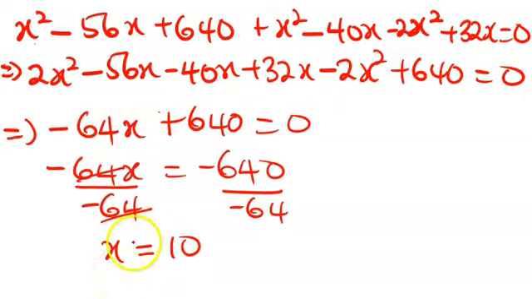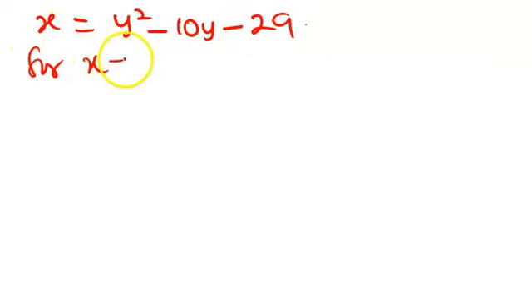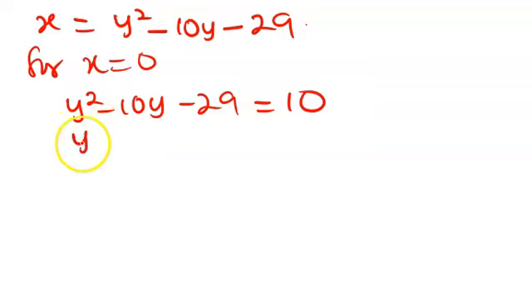Now we said that x is equal to y squared minus 10y minus 29. So for x equal to 10, we have y squared minus 10y minus 29 is equal to 10. So y squared minus 10y, let's bring this one to the left hand side.